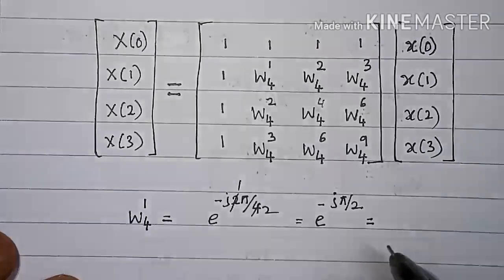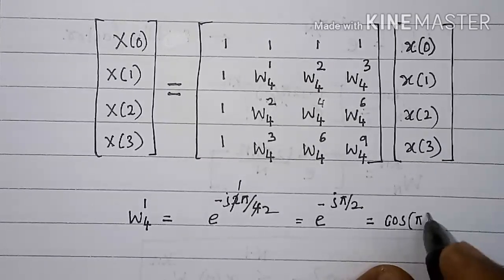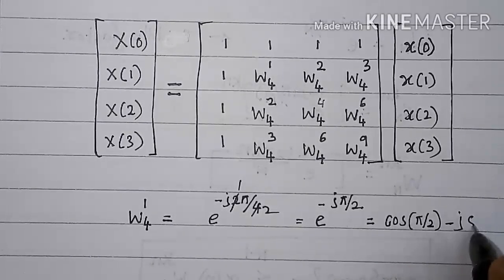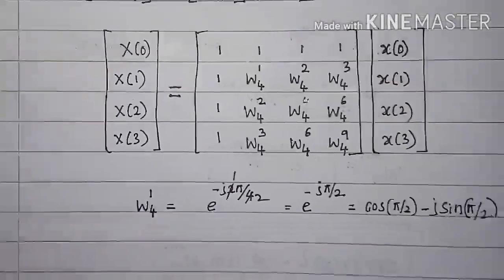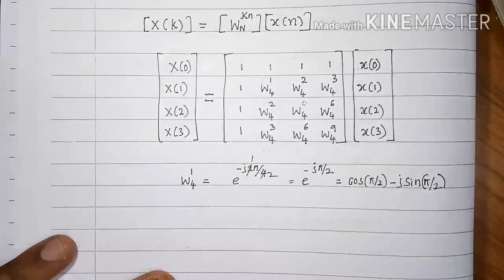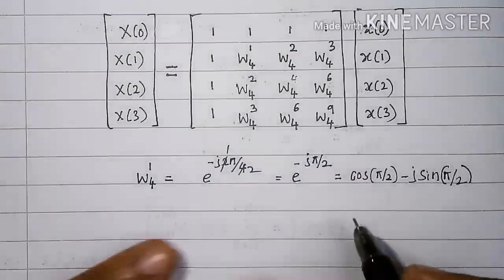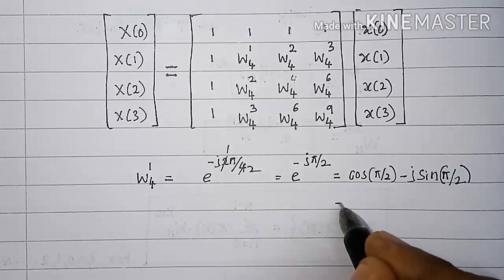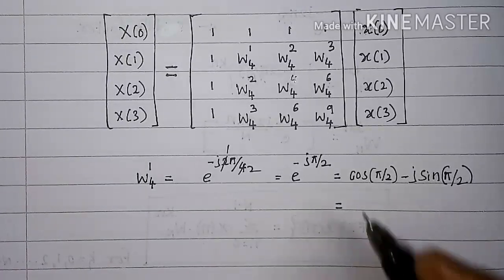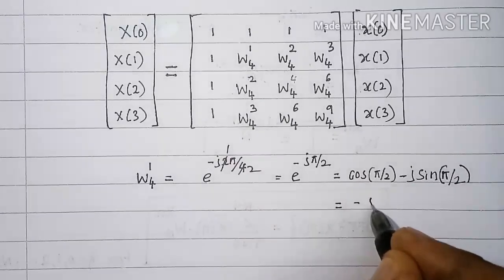And e raised to minus j pi by 2 is cos of pi by 2 minus j sine of pi by 2. Cos pi by 2 is 0, sin pi by 2 is 1, so this becomes minus j.